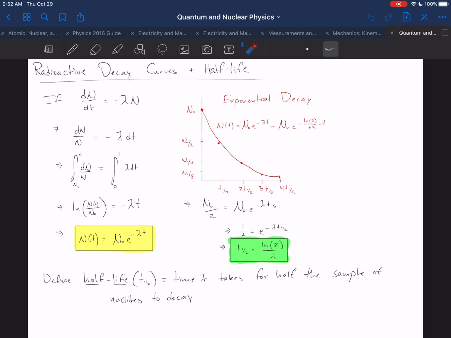And then with those pieces of information, you can use the general equation n of t equals n naught e to the negative lambda t to find the value of n at any particular point, okay? And that's the thing that HL adds that SL isn't required to do. So not just integer numbers of half-lives, but any arbitrary time, you can use this equation to solve for the number of nuclei left in the sample.